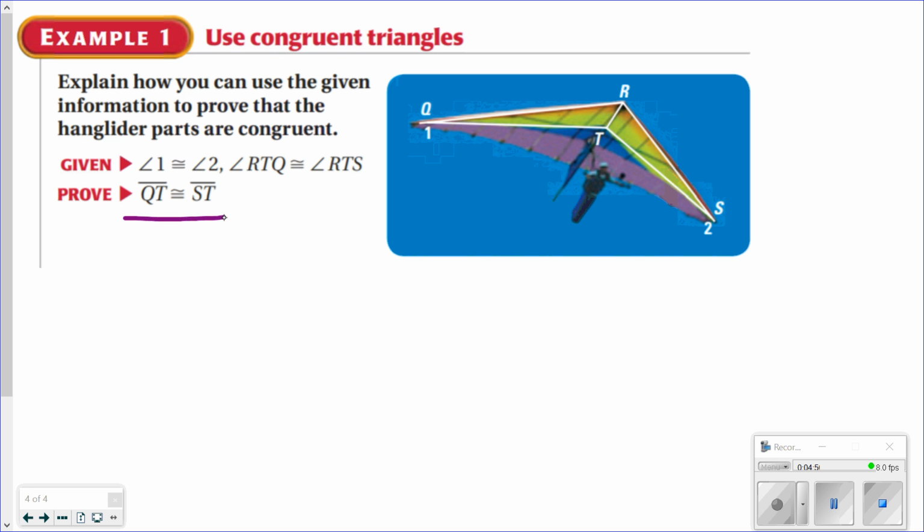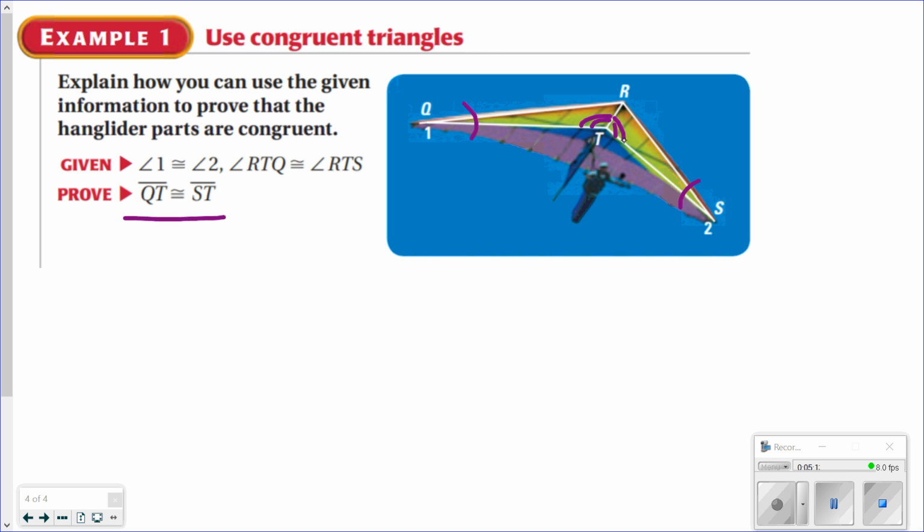So let's start off by, in the diagram, showing what is given. We are given the angle 1, which is this angle here. It's congruent to angle 2, which is right here. We are also told that angle RTQ, which is this angle here, is congruent to RTS, which is this angle right here.